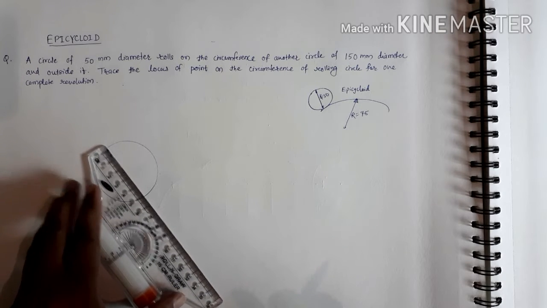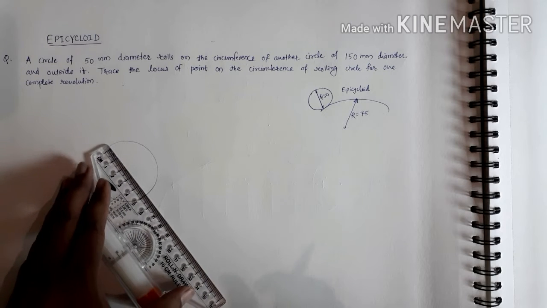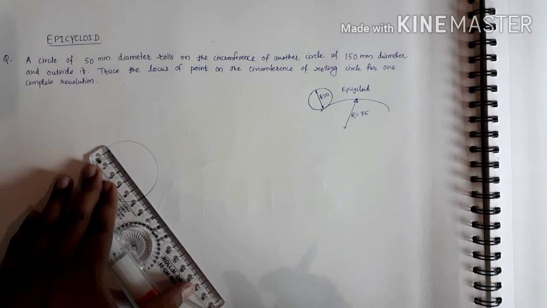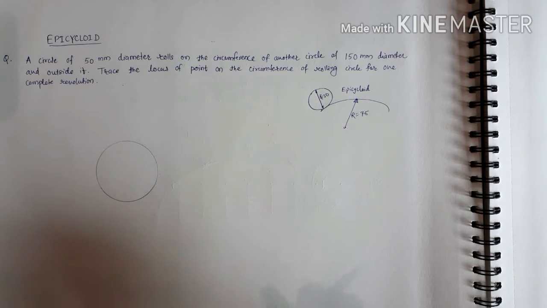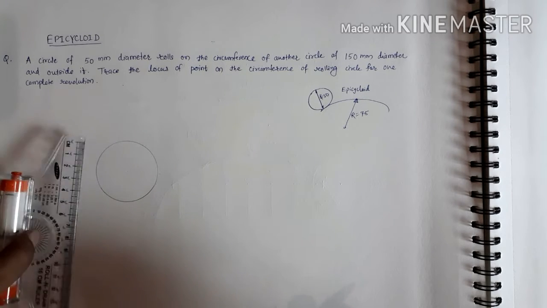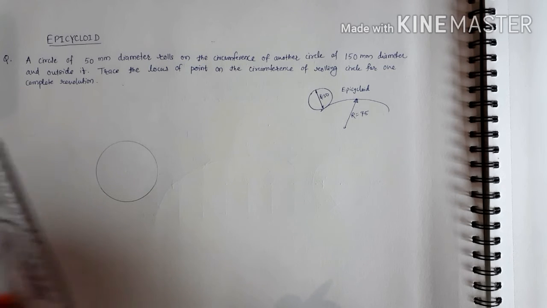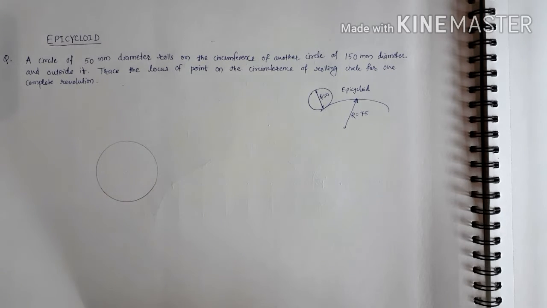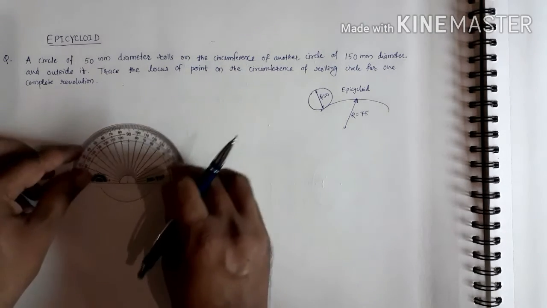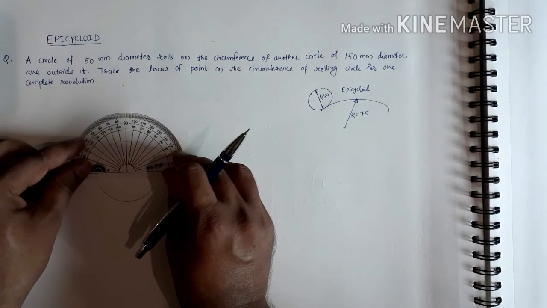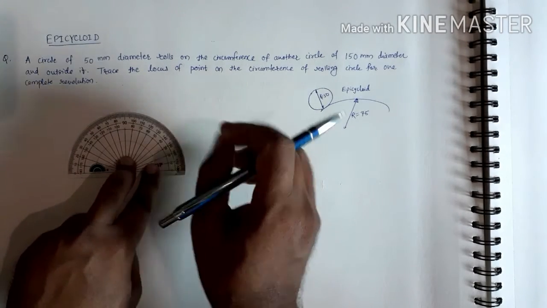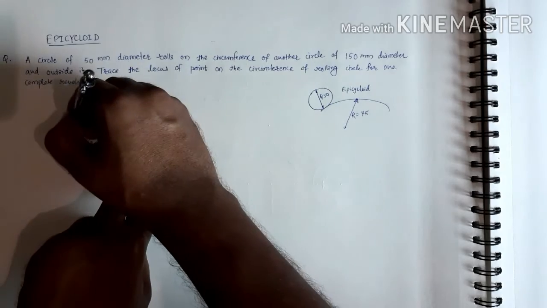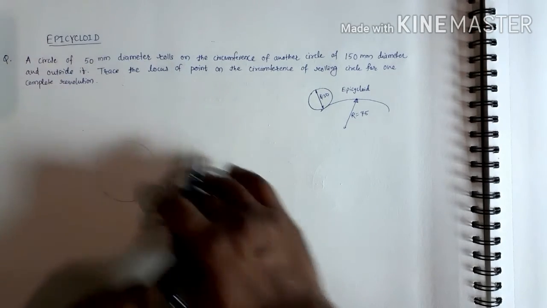So for dividing the circle in 8 parts, total angle is 360 degree. So 360 divided by 8, that is 45 degree. So each part will be having 45 degree. So with protractor measure 45 degree. First mark the points of 45 degree each, 45, 90, like that.